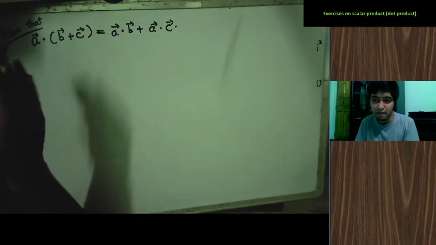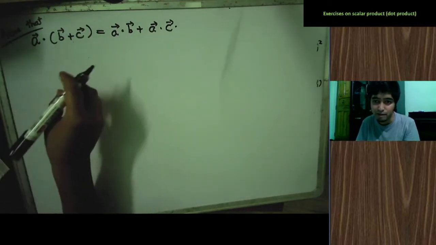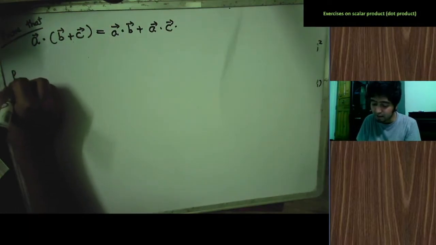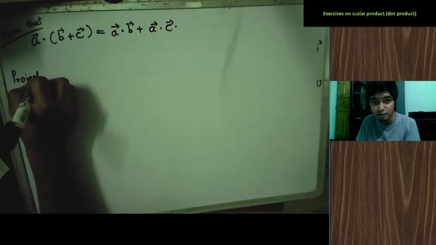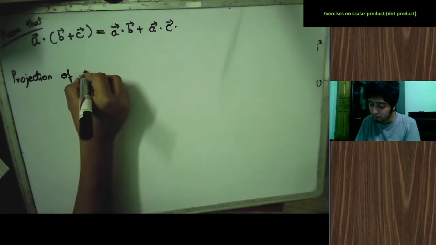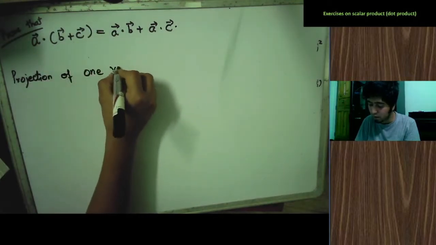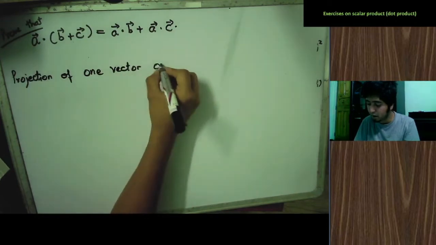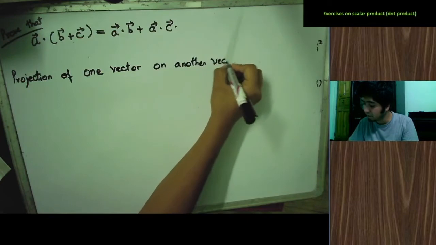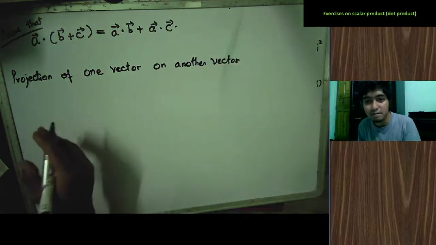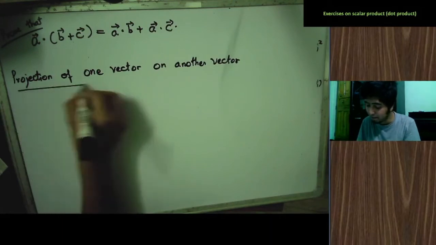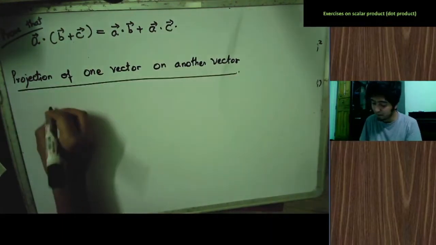We don't have any idea right now how to do this one, but we will need a new idea. And that idea is something about the projection of a vector on another vector. Again, this is something that you had already learned in your higher secondary. So let us see.